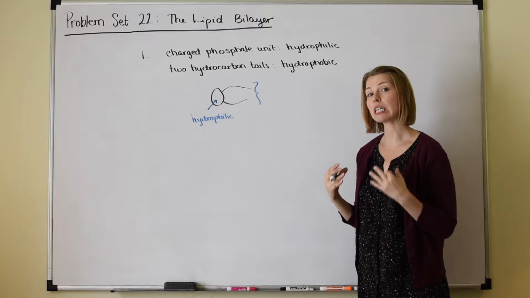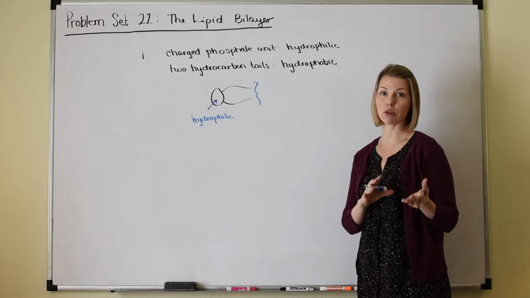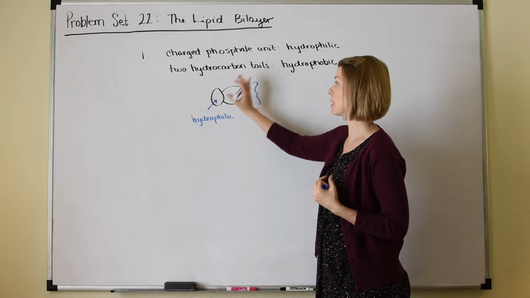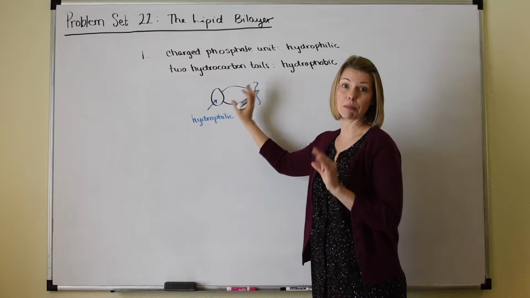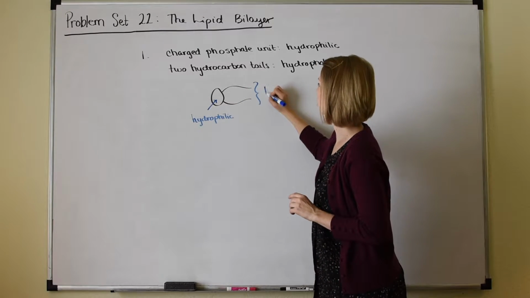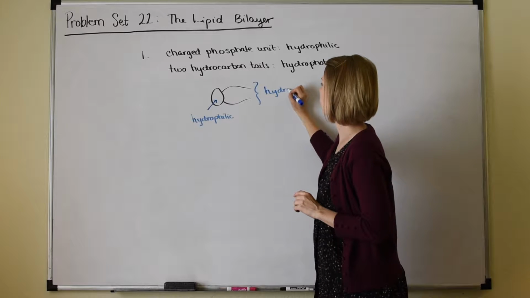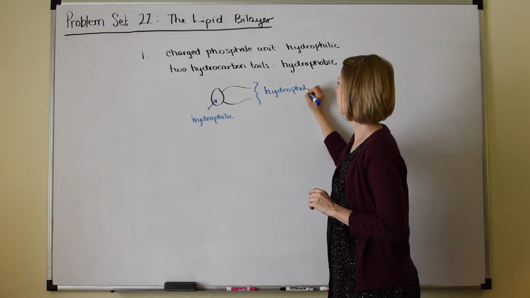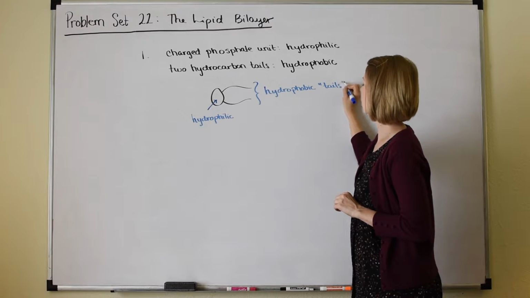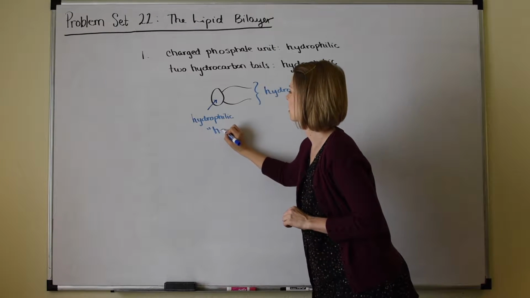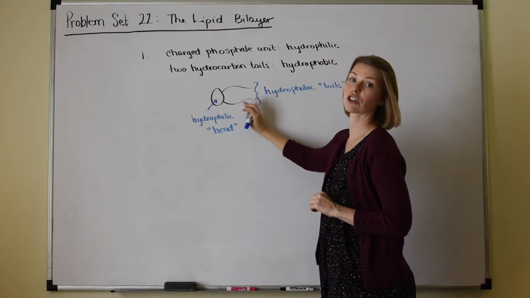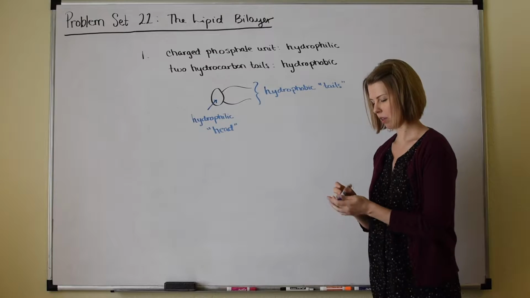That is, they will not be attracted to the partial positive and partial negative charges on the water molecules because they themselves do not have any partial positive, partial negative charge. They are nonpolar. So hydrophobic tails. I should write head here. The phosphate head and the hydrocarbon tails. Okay.